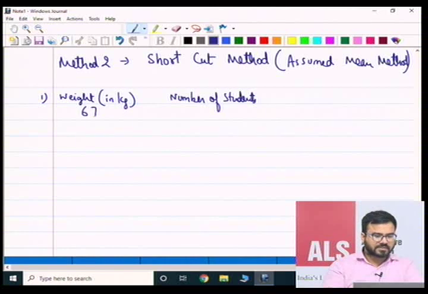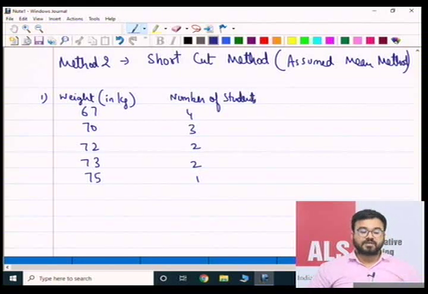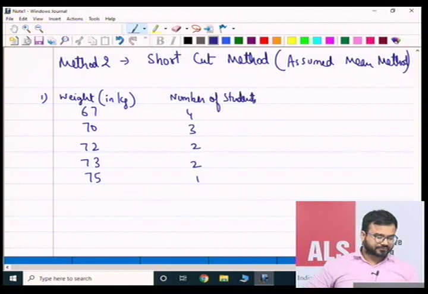Weight is given 67, 70, 72, 73, 75 and 4, 3, 2, 2, 1. So the number of students having 67 kg weight is 4, 70 kg is 3, 72 kg is 2 and so on. We have to find what is the mean weight.